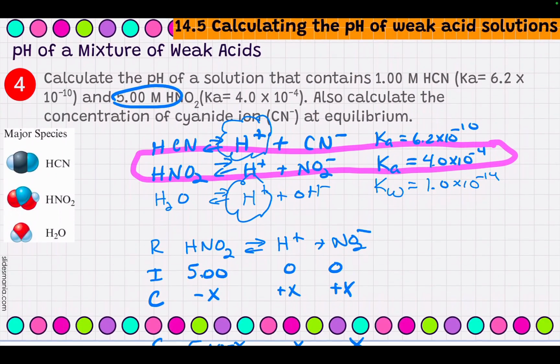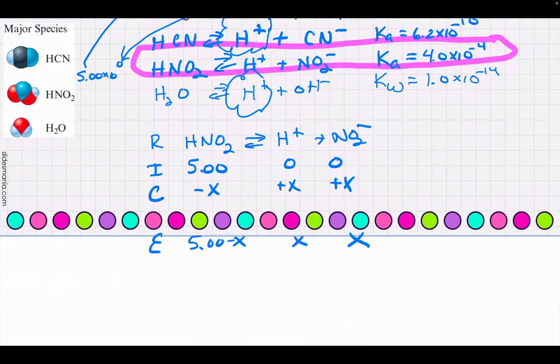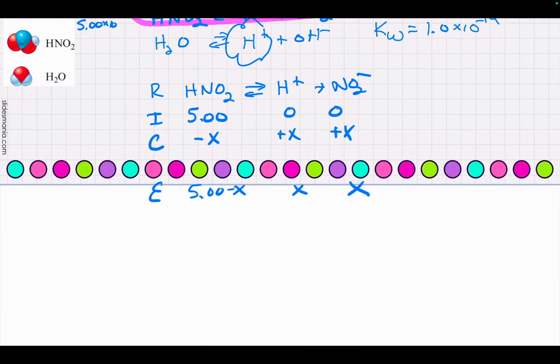Let's see. This is 5 × 10^0 compared to 10^-4, and that is greater than 2 orders of magnitude difference, so therefore yes. Because I can do that, I'm going to ignore this X.